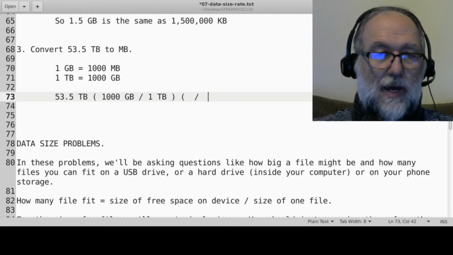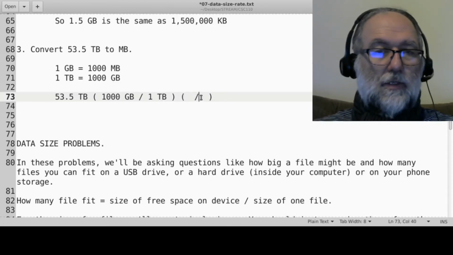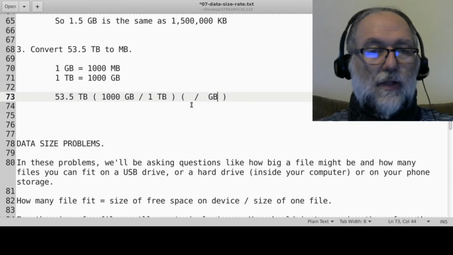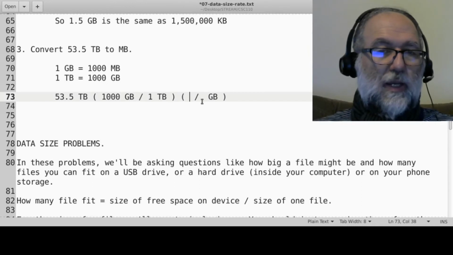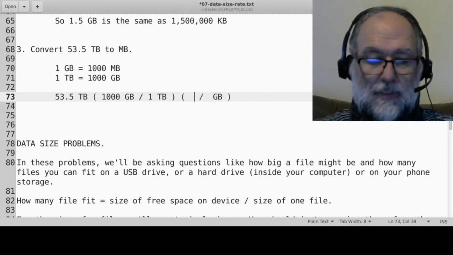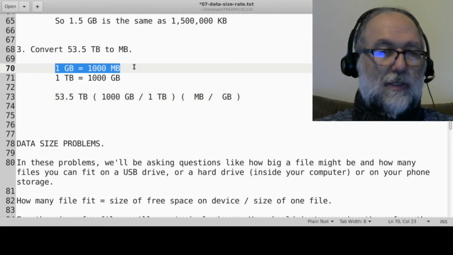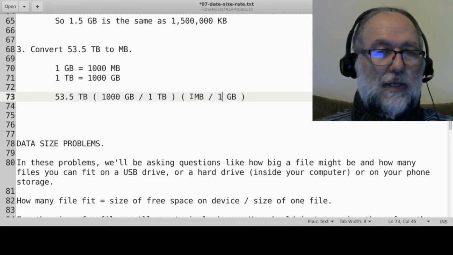And there's got to be a top and a bottom. All right, so the denominator, the bottom number, has to cancel out the gigabyte. So we need gigabytes in the denominator. And in the numerator, we need whatever that's equivalent to in megabytes. Okay, because we want to convert to megabytes. And so 1 gigabyte is 1,000 megabytes, like that.